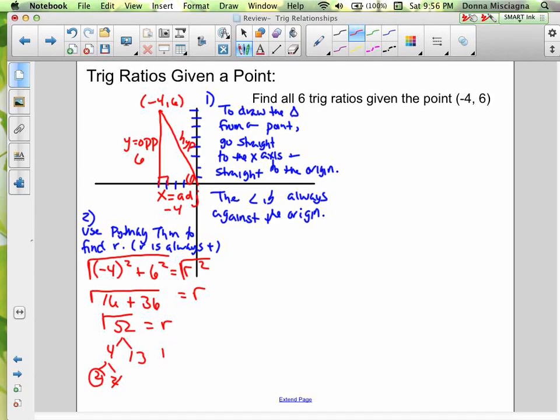So r is going to be equal to 2 square roots of 13. We are always going to simplify the radical. So not only is r always positive, don't forget we're going to simplify the radical if possible.